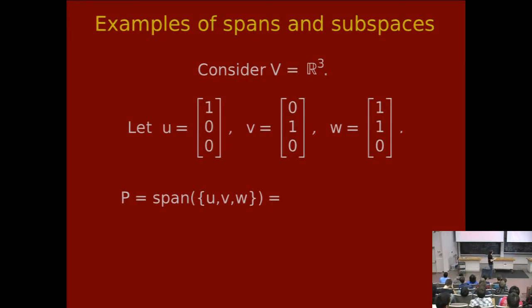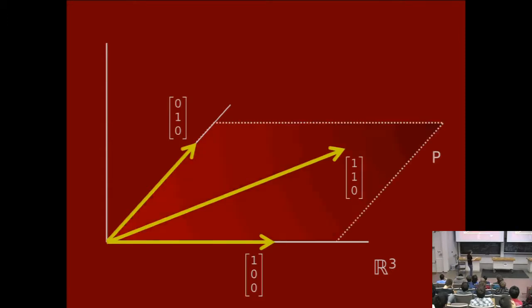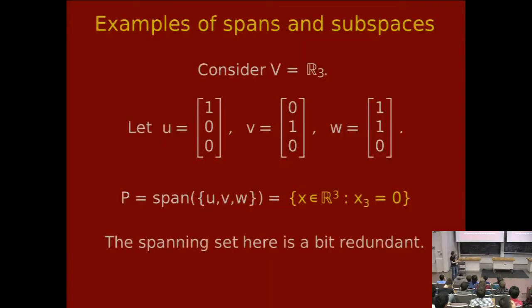Yep, exactly right. If you take real linear combinations, you can get anything you want in the first two coordinates, but you'll always get 0 in the third coordinate. So that's the span. There are the three vectors, and they're all sitting on this z equals 0 plane, so their span is just that subspace.